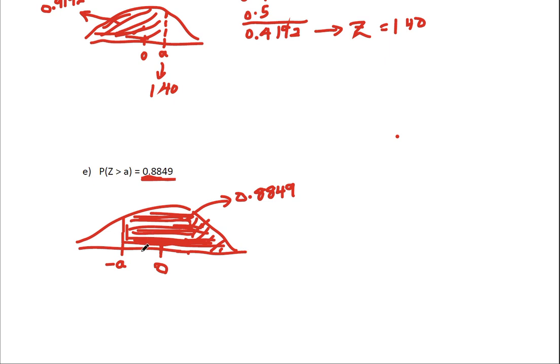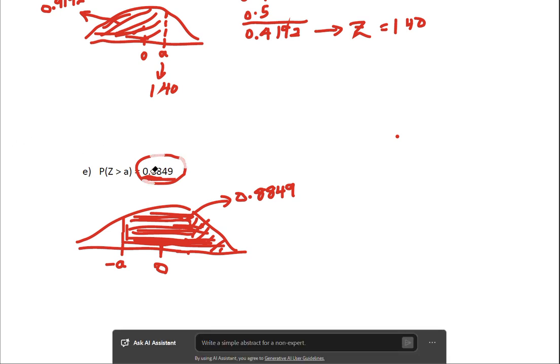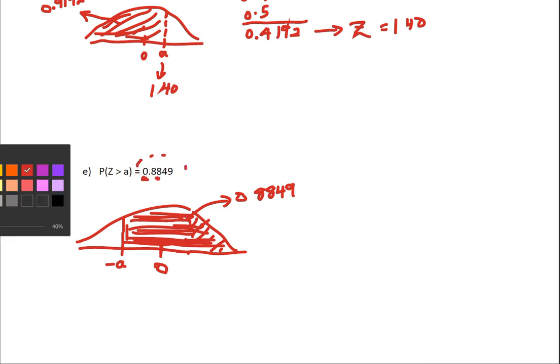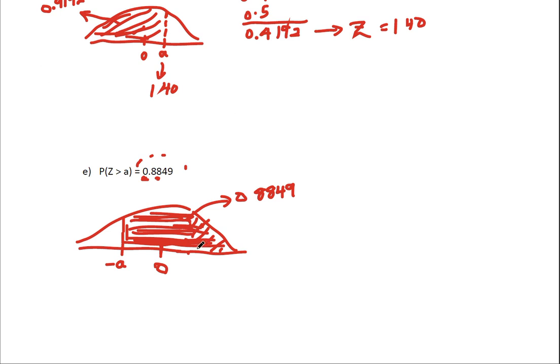So that's why we recognize that we have to shade the area to the right of a negative value. That is because the probability value in question is greater than 0.5. If it was a value less than 0.5, then how I started to illustrate the problem would have been correct, in the sense that we would have gone to the right of 0 and just shaded an arbitrary area to the right of that value.